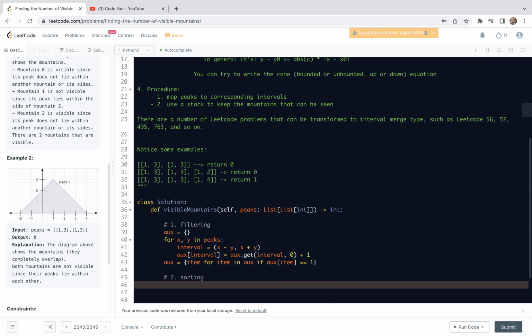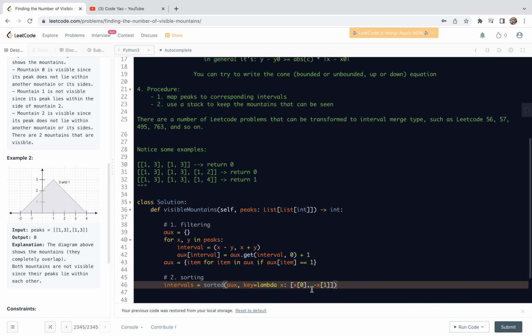Next we're going to do a sort, right? So sorting, let's call it intervals now. I'm going to sort this aux. The key will be a lambda function, and we sort by the first component increasingly, and by the second component decreasingly.